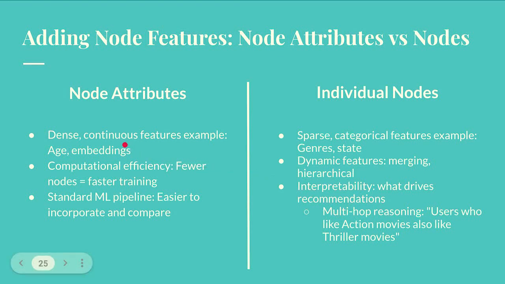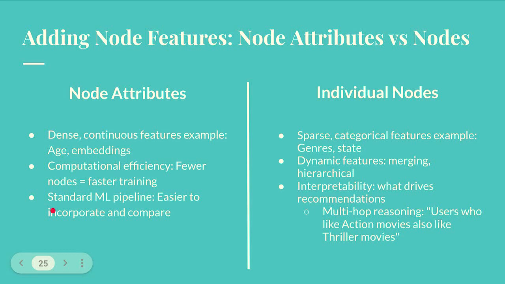In the first case, if you're adding information directly, it's usually good for dense and continuous features. As we know, neural networks are not very good with sparse data. And because typically you're just adding a matrix to your model, you're not adding more nodes or edges, you have fewer nodes to compute embeddings for, so it is efficient.